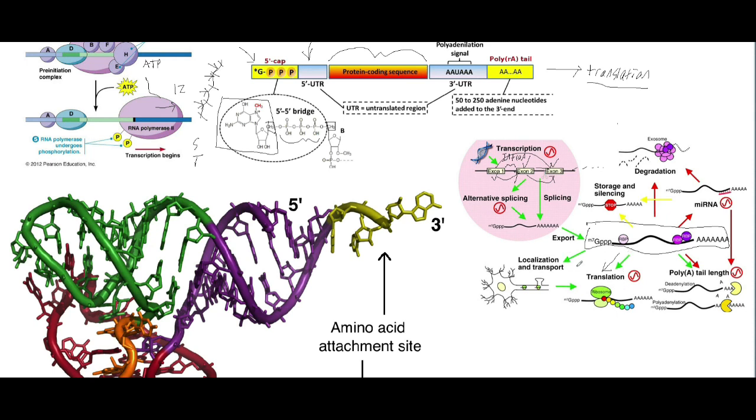We can transport it to different parts of the cell. This is pretty big in neurons, where the nucleus is up here in the soma, and the mRNA has to be transported all the way down the axon to the end of the cell, so that the things going on at the synapse can happen.